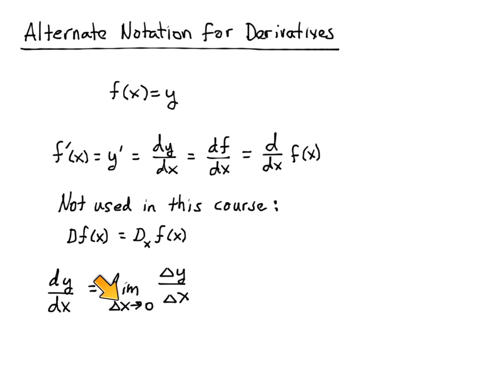This is essentially the same definition that we had before with limits, but now it's suggesting symbolically that we're taking this secant line and bringing the two x's together. That delta x becomes very, very close to 0, and we get that slope. So this one really suggests the way we started out talking about derivatives.